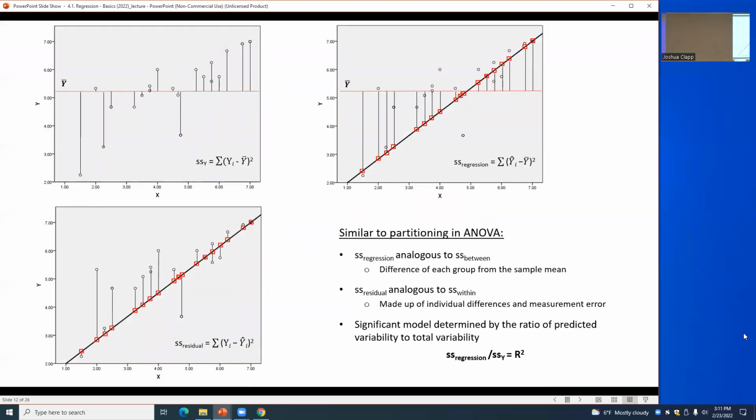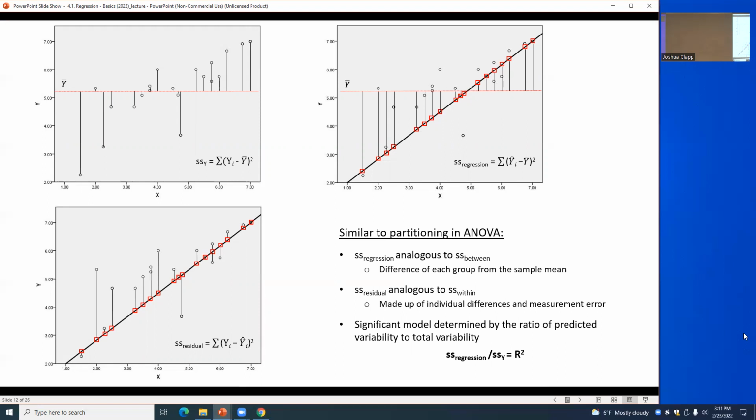So what we'll see in our regression model is ANOVA tables. We're back to ANOVA tables. Can never get rid of ANOVA tables, but that's fine because we like ANOVA tables. Visually, this first pane is our sum of squares total, or our sum of squares y.